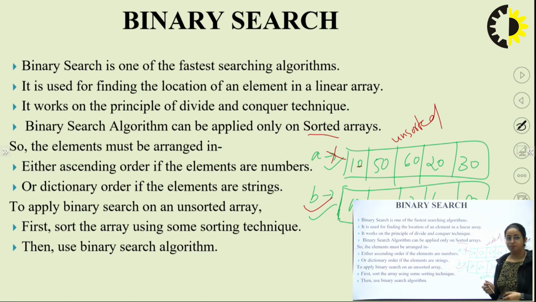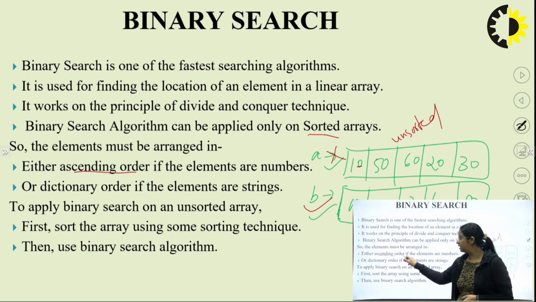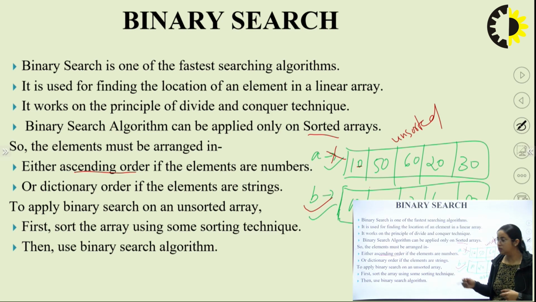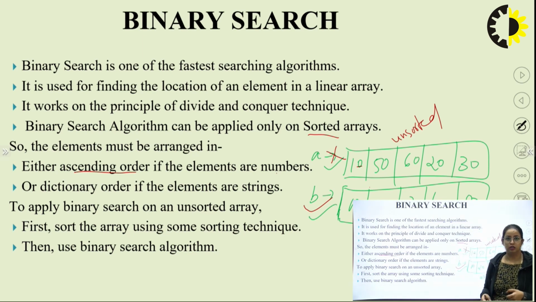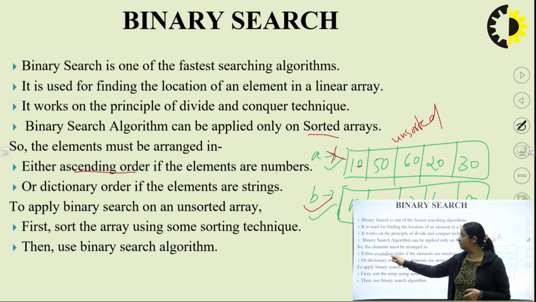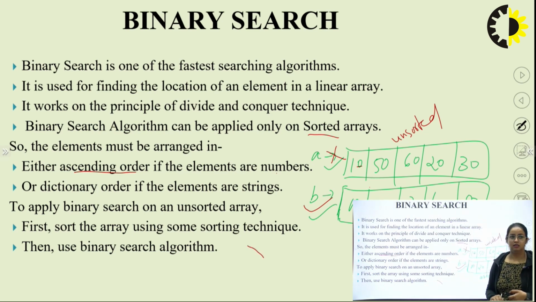Now, I have written that the order can be ascending or descending if you are taking numbers. By default, if you are not mentioning any sorted order, then we take the elements of the array to be in ascending order.